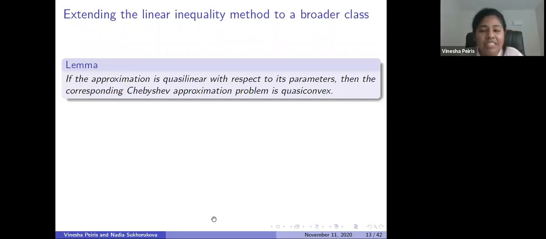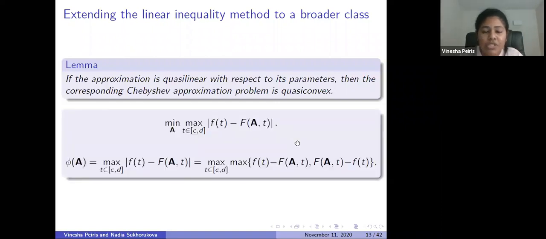Okay, so we have this lemma now. If the approximation is quasi-linear with respect to its parameters, then the corresponding Chebyshev approximation problem is quasi-convex. This extends the linear inequality method to a broader class of functions, which is quasi-convex. The proof is straightforward and not very different from the previous proof. Instead of a ratio of linear functions, now we take a quasi-linear function.